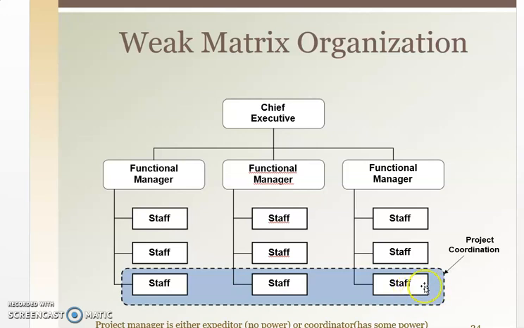He is going with the project and getting it done. He also has to get the functional manager's help for each and every requirement. Here also the project manager is either an expeditor with no power, or a coordinator.